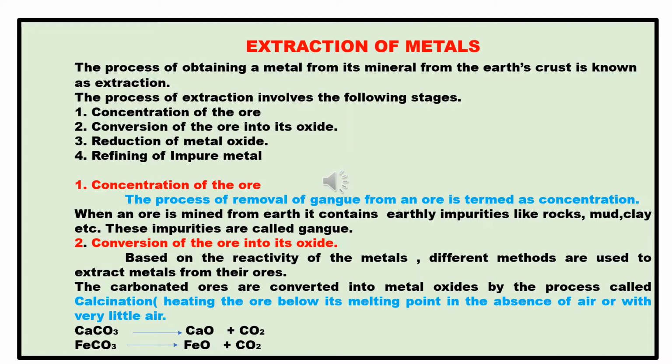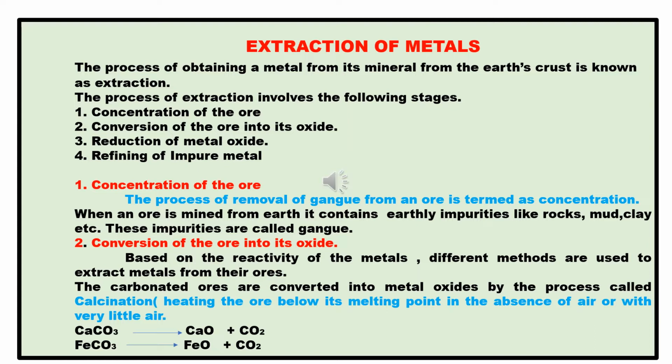You know, metals are present in the form of minerals. And what is an ore? Here you heard the word ore, concentration of the ore. Ore is the mineral from which we extract a metal economically, means with less expenditure.